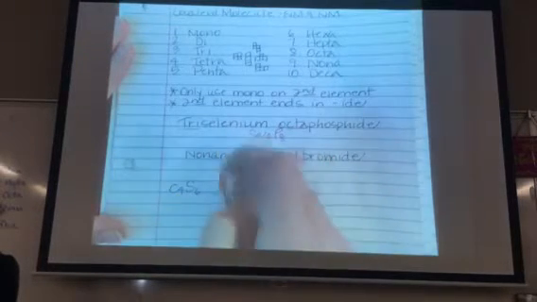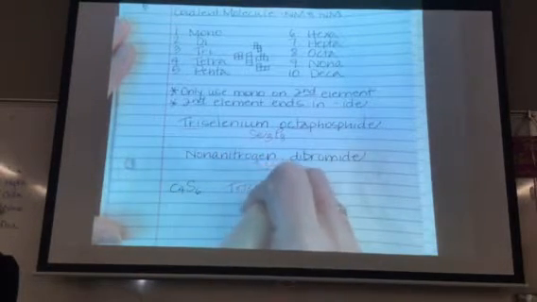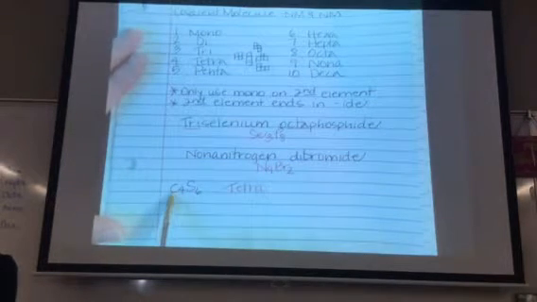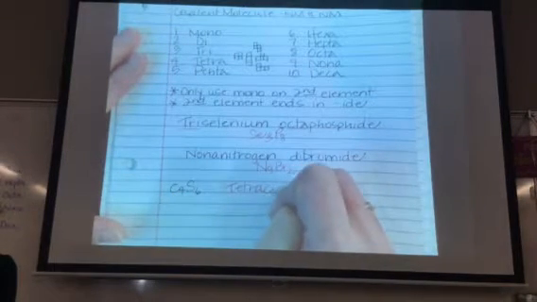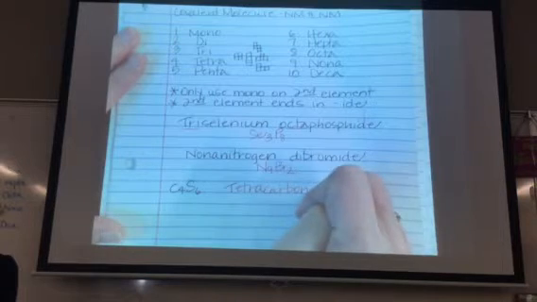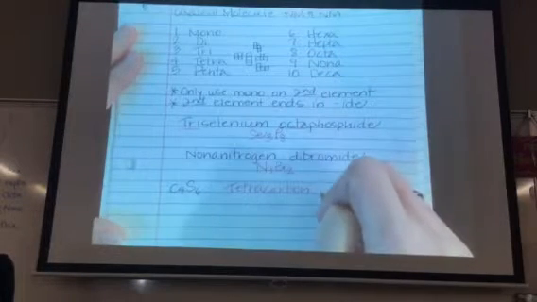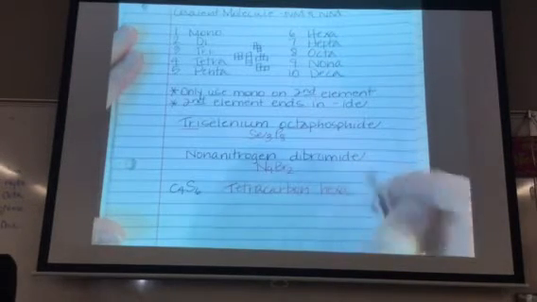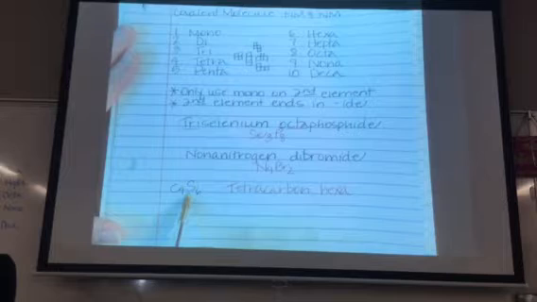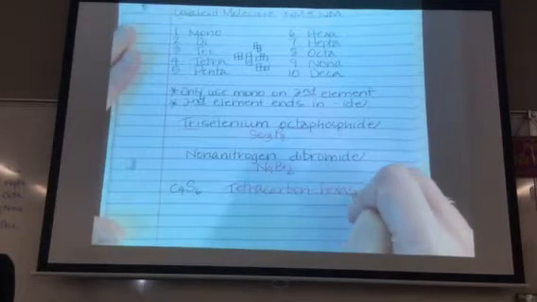So I write tetra. And what element is this? Carbon. So tetracarbon. Prefix, hexa for 6. And then what element is this? Sulfur. So what do I write? Sulfide.